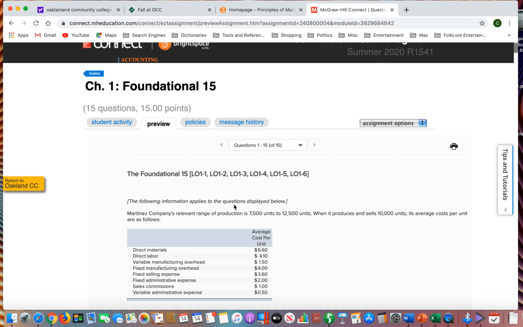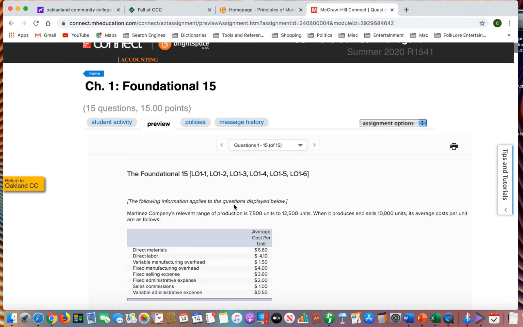So we see you've got a great deal of detail here. Direct material and labor, variable manufacturing overhead, fixed manufacturing overhead, and then you have period cost, these various administrative and selling expenses, both fixed and variable.